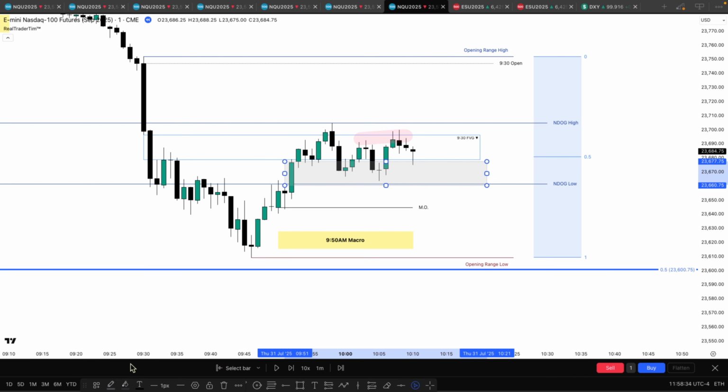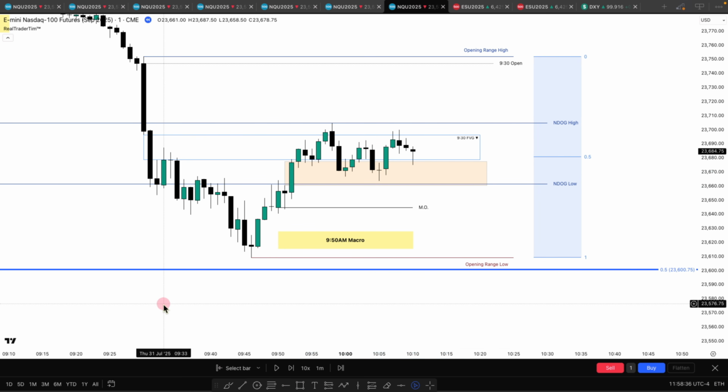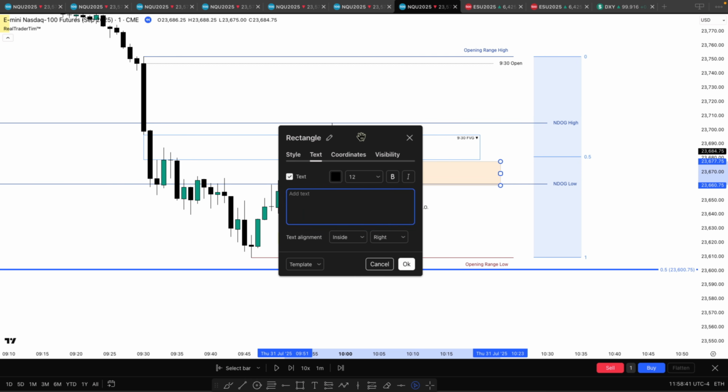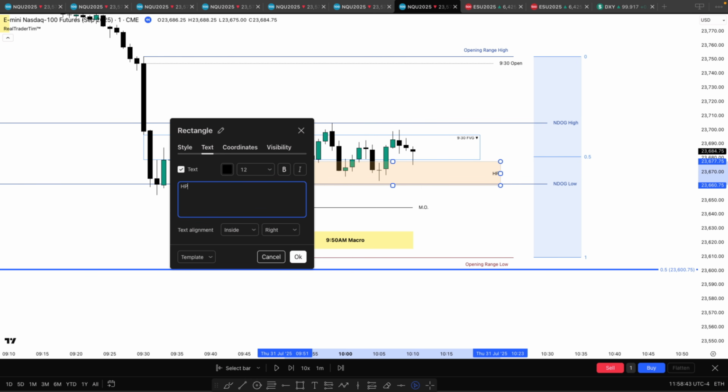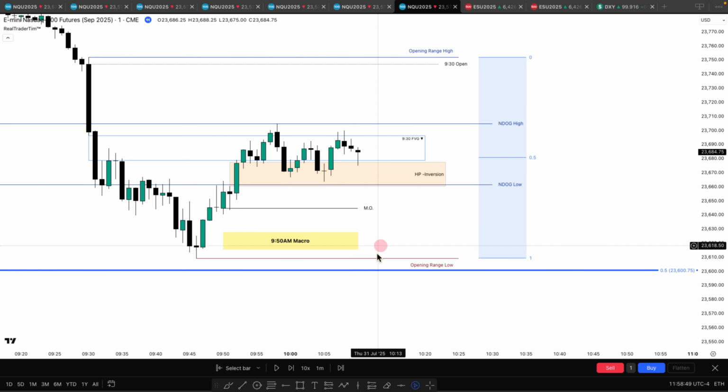Okay, so we need to see price close below this. All right, and once price closes below a BISI that was used initially to send us higher and sweep liquidity, it becomes a high probability bearish inversion. So we're looking for something like this. Down, up, and down delivery to our sell side draw on liquidity.